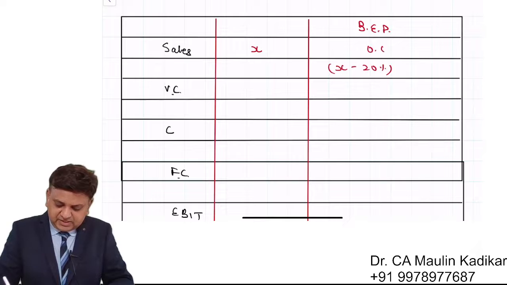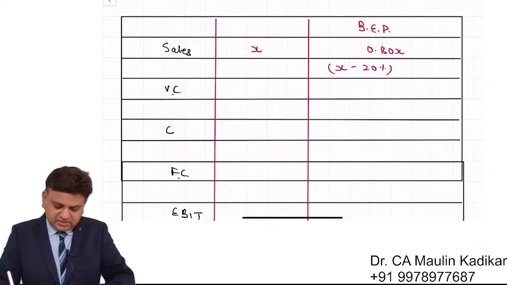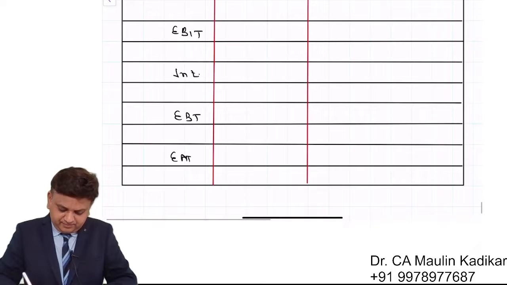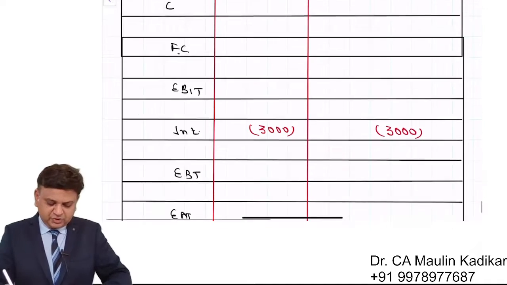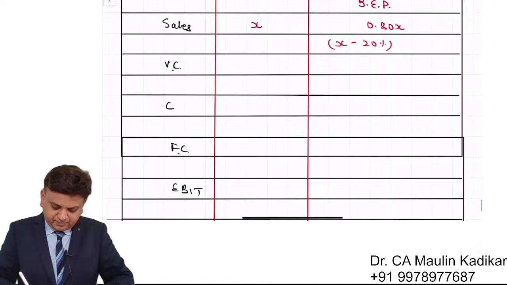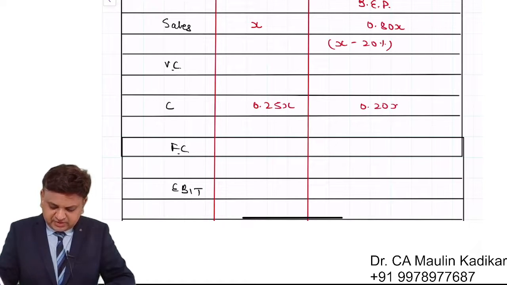At break-even point the sales is 0.8x. Amount of interest is 3000, that is going to remain the same. Profit volume ratio is 25%, so contribution is 0.25x, and this is 0.20x.